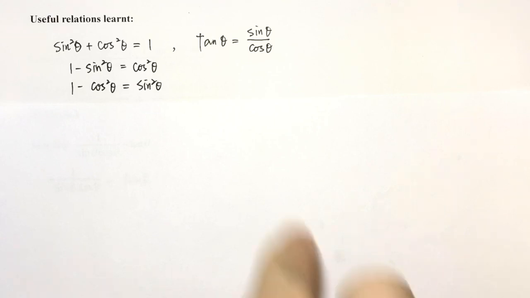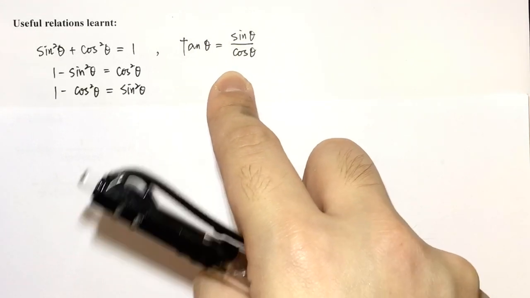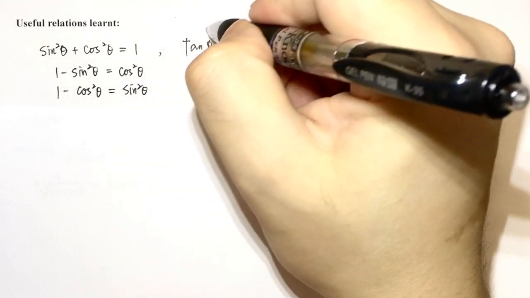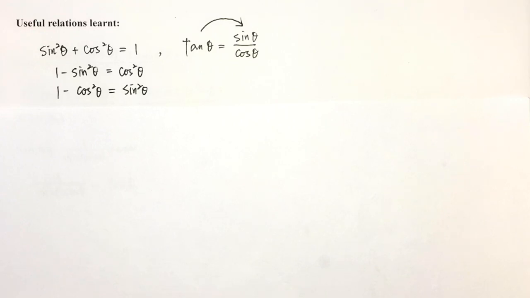Now, for tangent theta equals sine theta over cosine theta, most of the time you will meet expressions involving sine, cosine, and tangent. Then most of the time you need to change all tangent theta to sine over cosine.